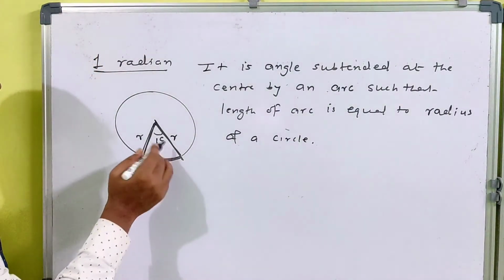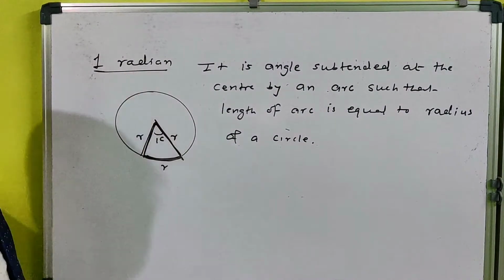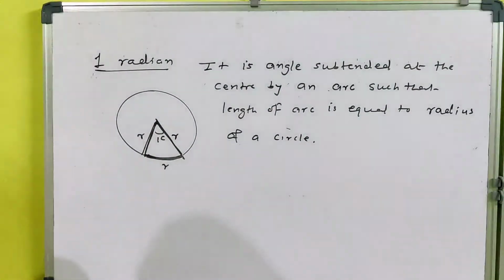That is, when the arc length r is equal to the radius of the circle, that is called 1 radian. That's the definition we discussed.